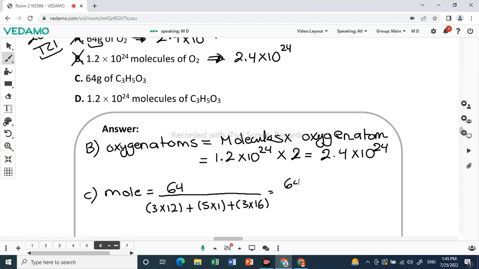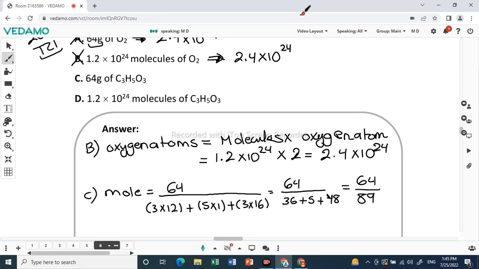So it is 64 divided over 3 times the 12, it is 36, plus 5, plus 48. Now you add: 64 divided over 89.